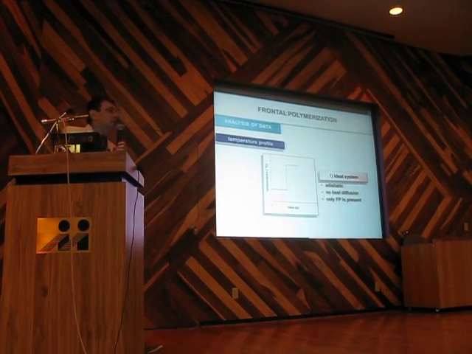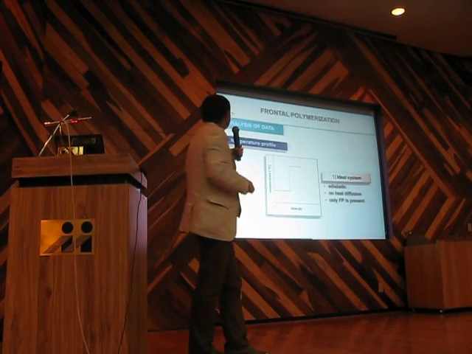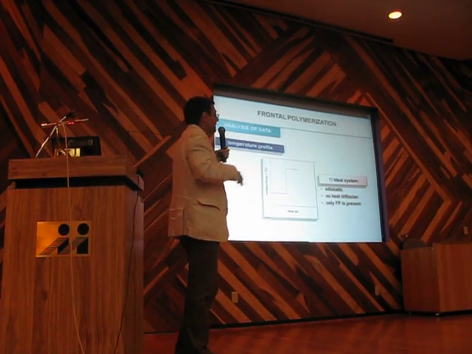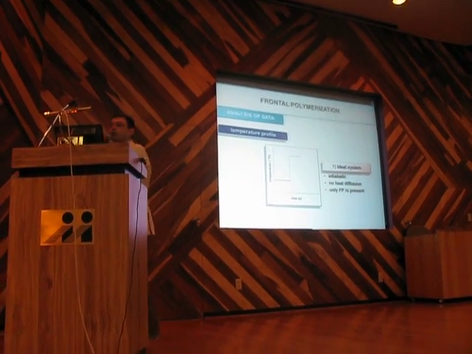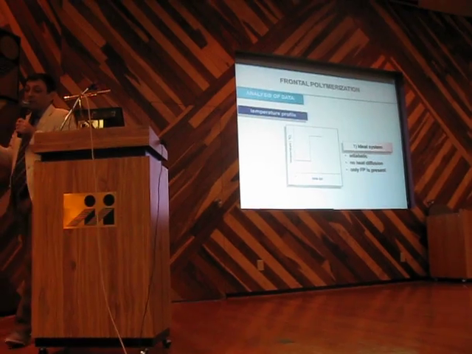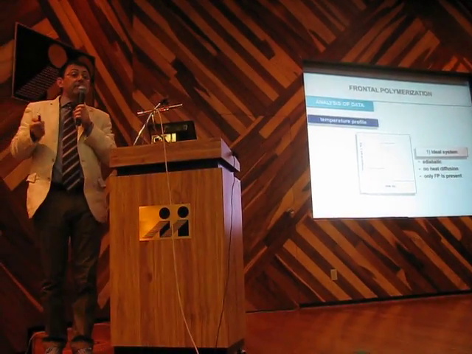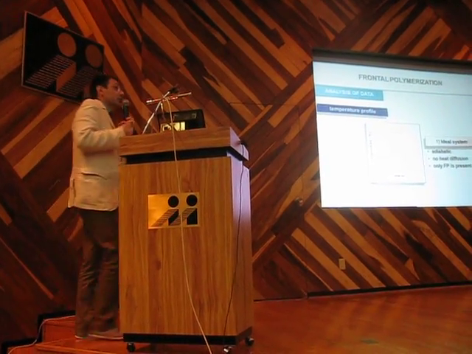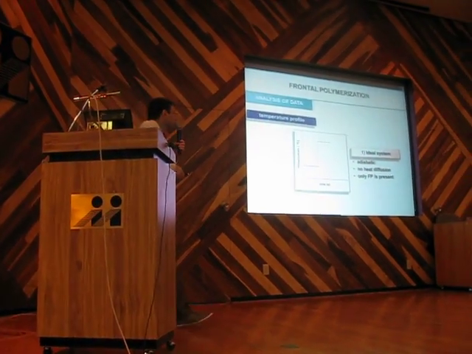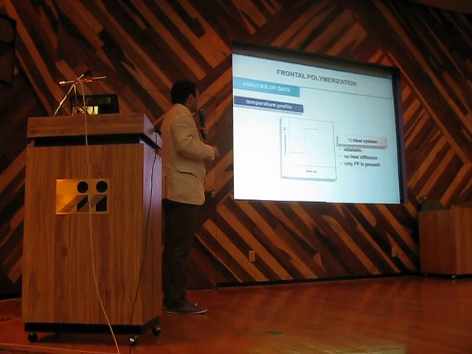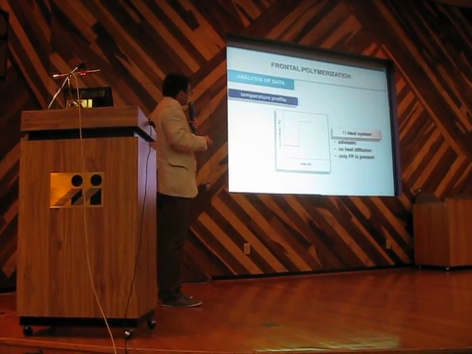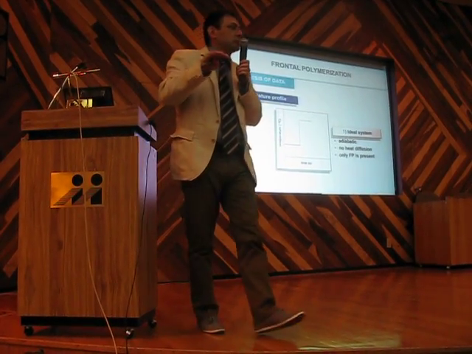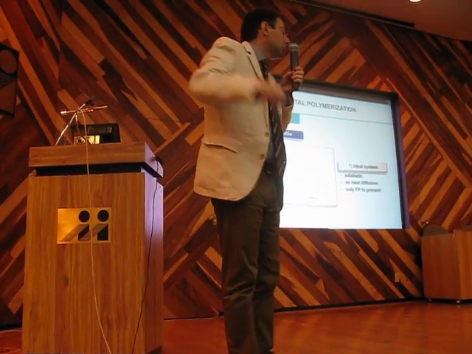Let's go a little in depth. Just analyze the data. If we consider an ideal system, a system which is adiabatic, we don't have any heat diffusion, and we have only frontal polymerization as the only phenomenon occurring, we should observe that the first part of the curve is horizontal, which is the initial temperature.